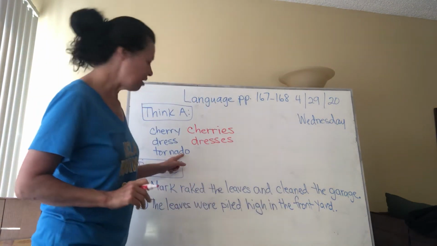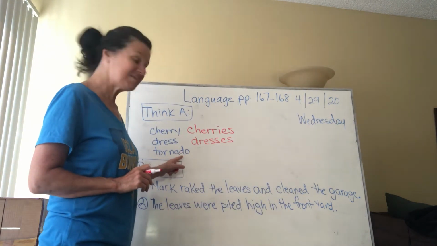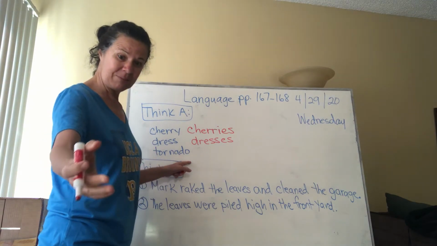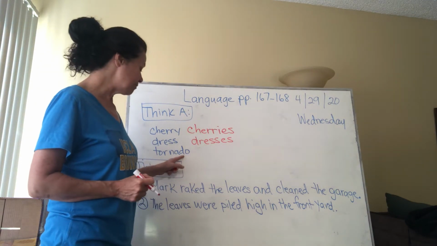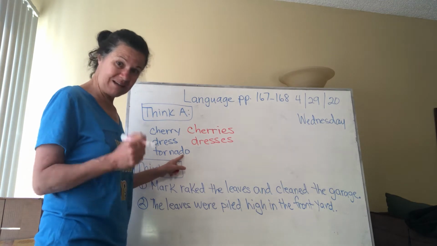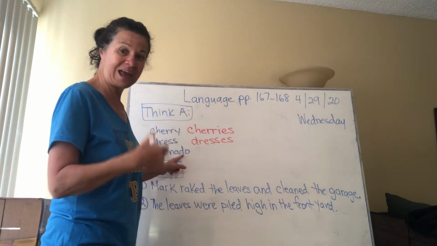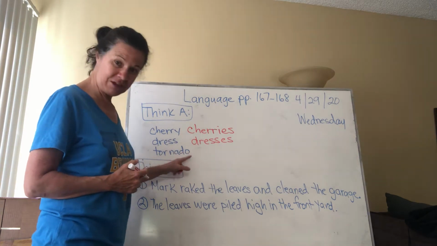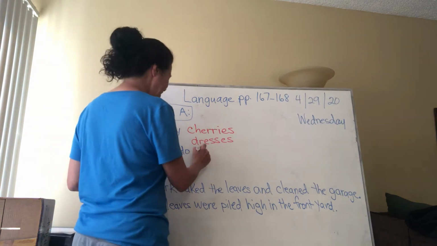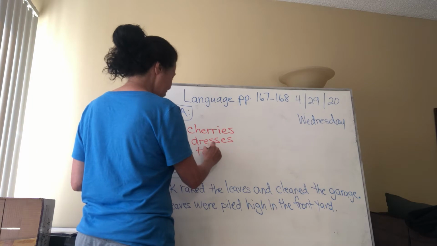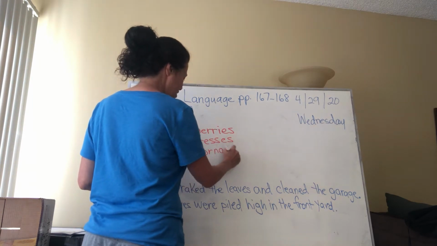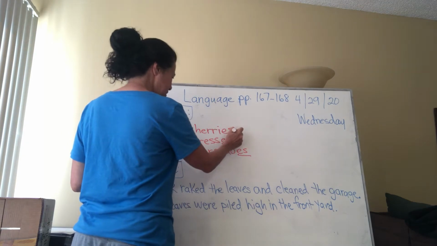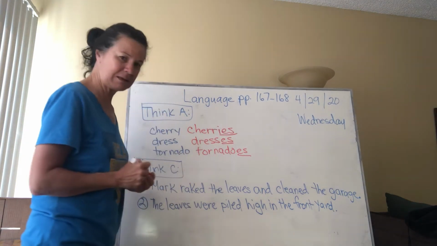It has a consonant before the O. And words like potato and tomato that we talked about, if you have a consonant, which is any other letter other than A, E, I, O, U, other than a vowel, followed by an O, you add an ES. So T-O-R-N-A-D-O-E-S.